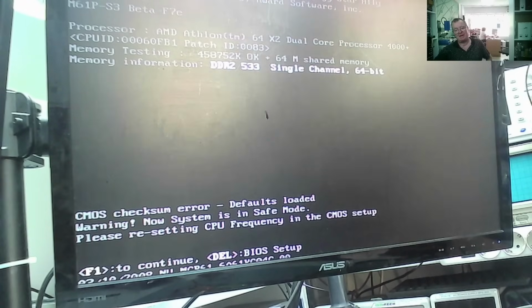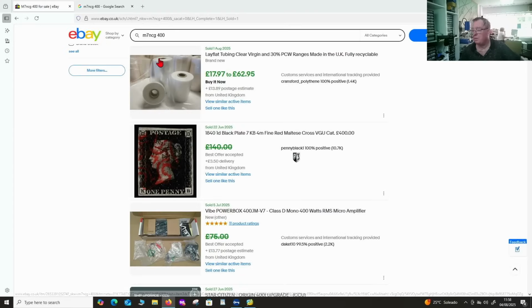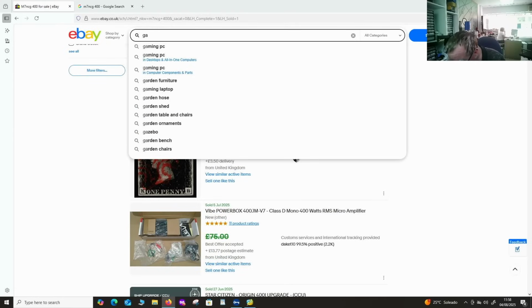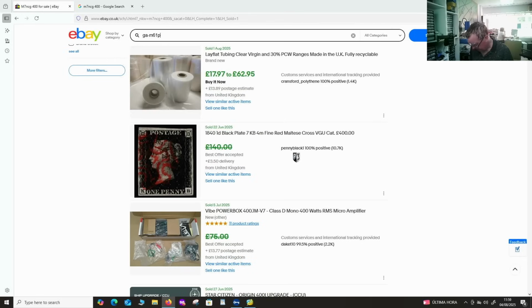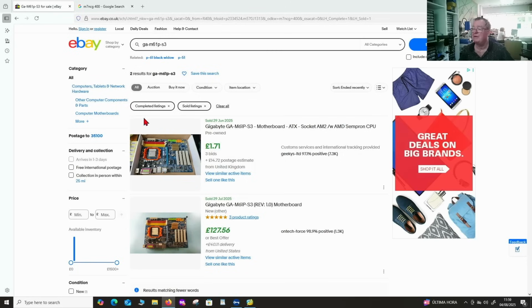Is this thing a retro collectible? I think these probably are not, but we're going to find out right now. So eBay again, GA-M61P-S3. Okay, what do we have? Well, not as rare as the other one. This is in the sold listing.